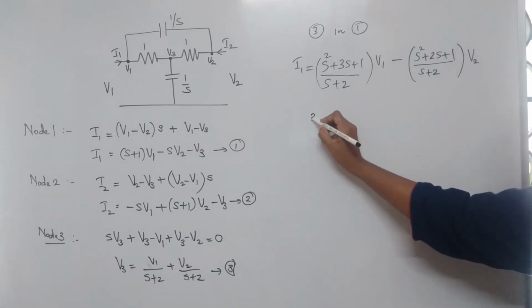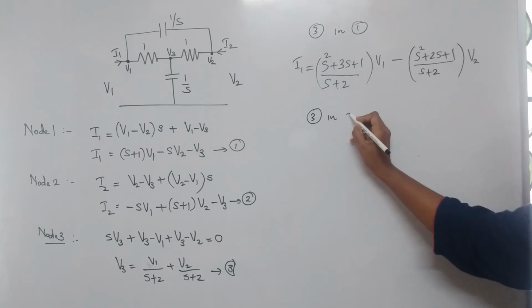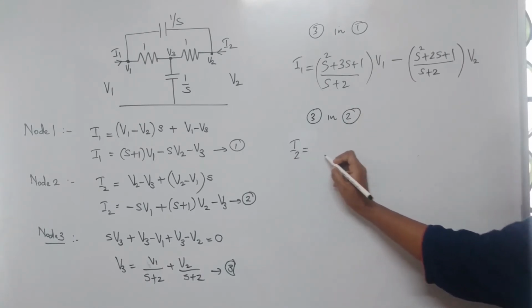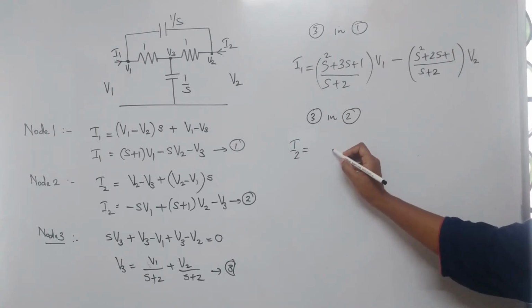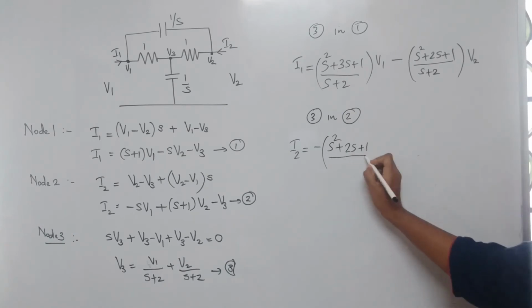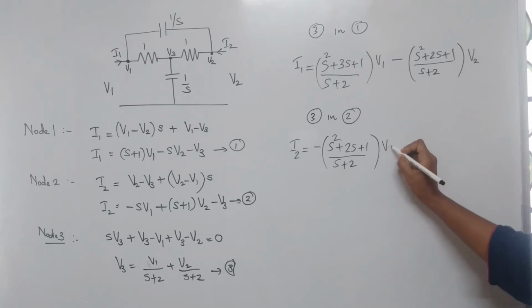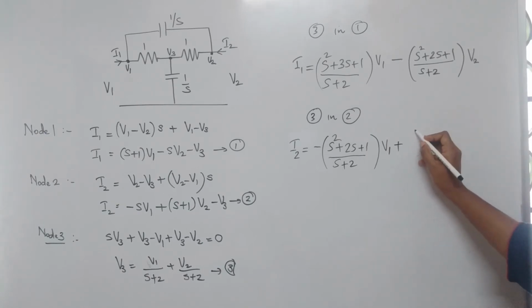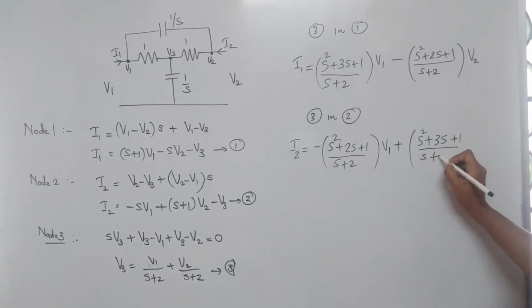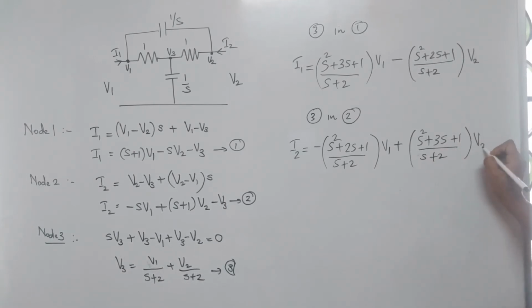Same way we can put equation number 3 in equation number 2, and on rearranging we will get I2 as minus S square plus 2S plus 1 by S plus 2 into V1 plus S square plus 3S plus 1 by S plus 2 into V2.